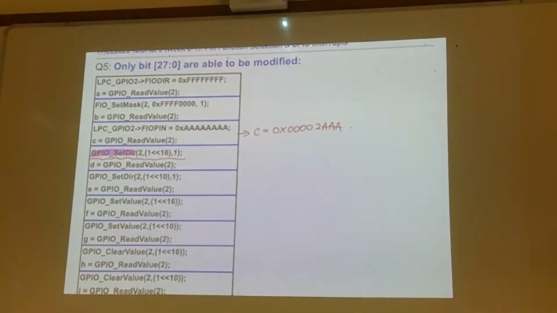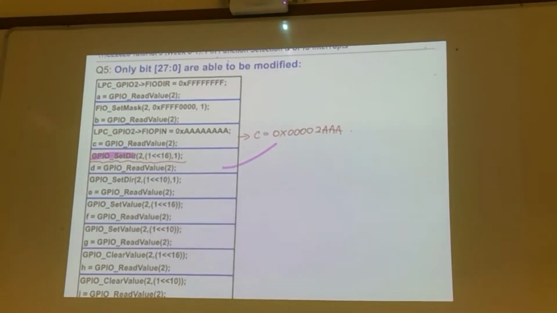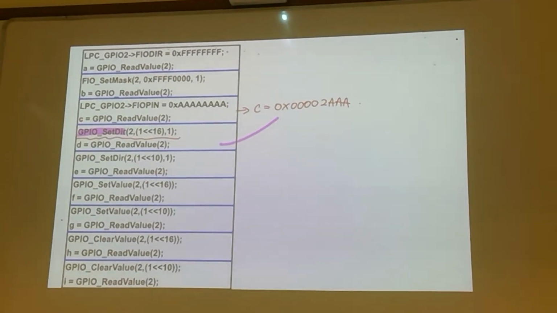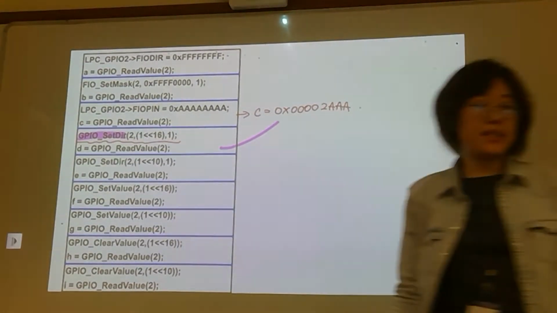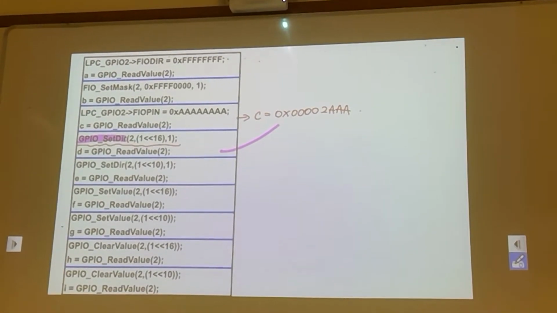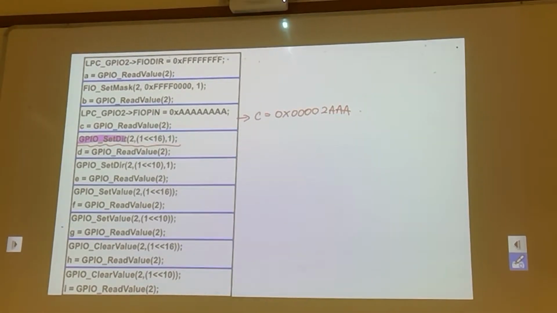So what will be your D value? No change. And then next, what are we doing here? You are setting port 2 pin 10 as output. Can you do that? You can, right?